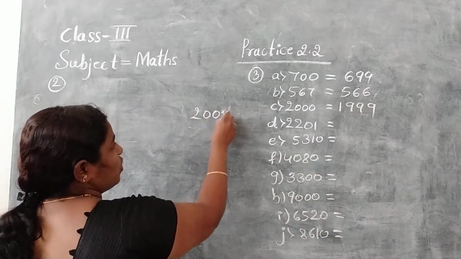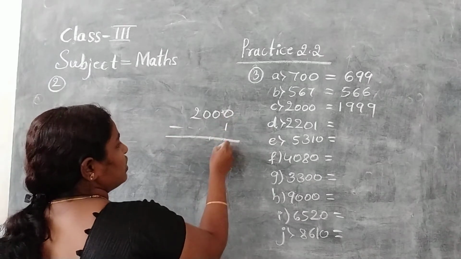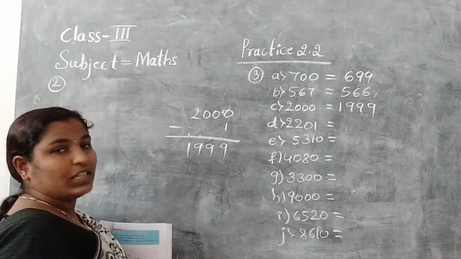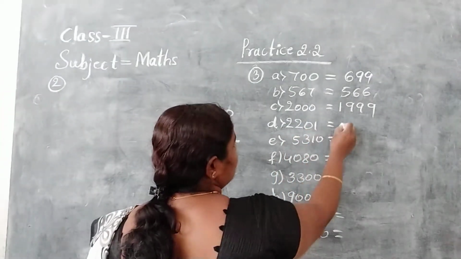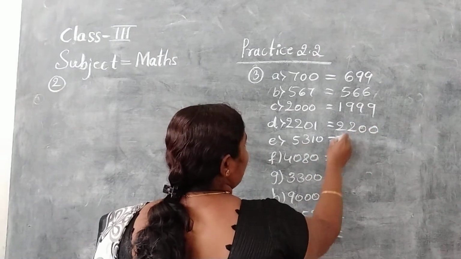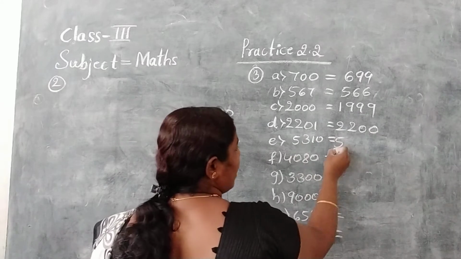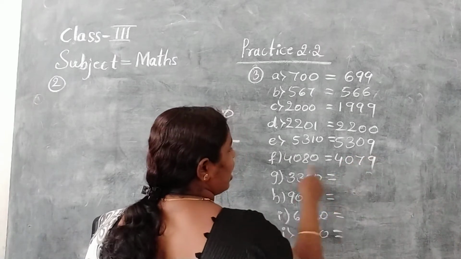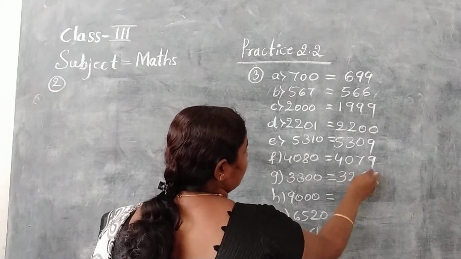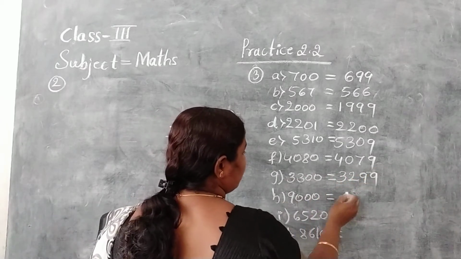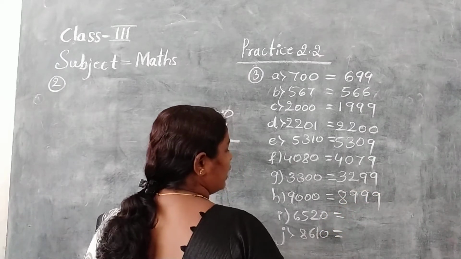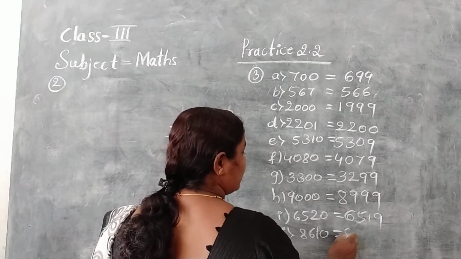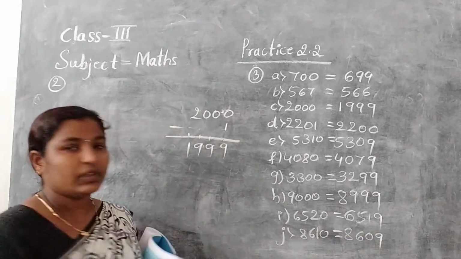Or else you do minus 1: 10 minus 1 is 9, again 9, again 9, 2 minus 1 is 1, so the answer is 1999. 2200, 5310, before 10, 5309. 4080, 4079. 3299. 9000, before that, 8999. 6520, before that, 6519. 8609.